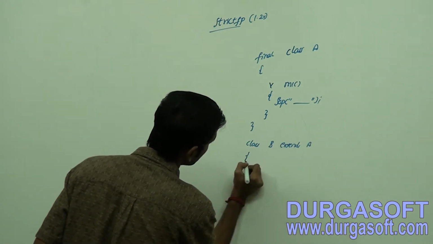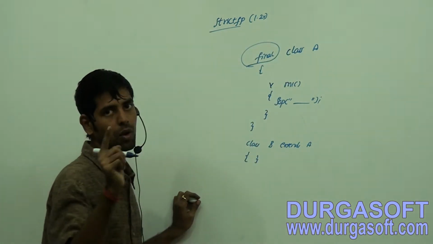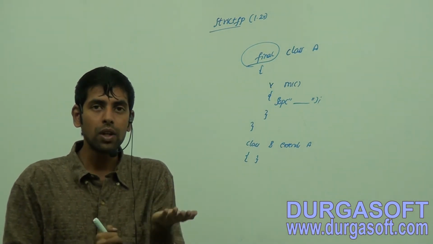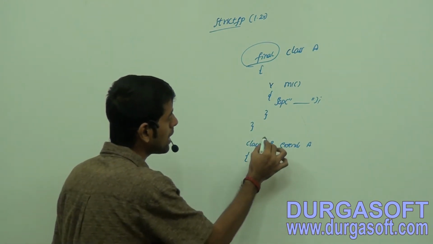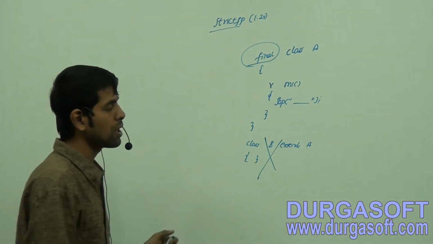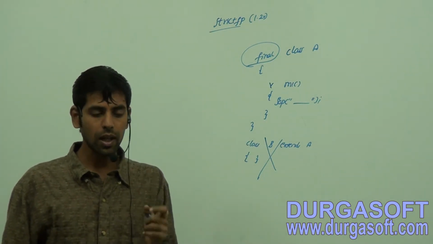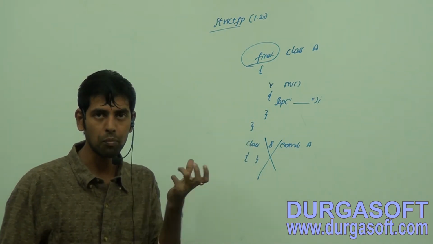Why? Because the final modifier has some internal implementation. That's why you get a compile time error: cannot inherit from final F. So these are some of the internal implementations.